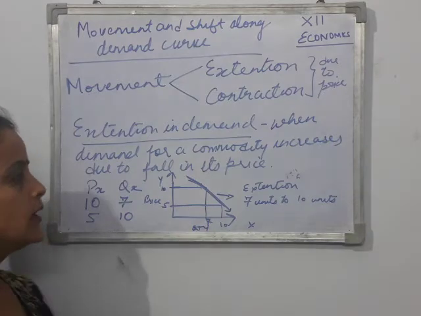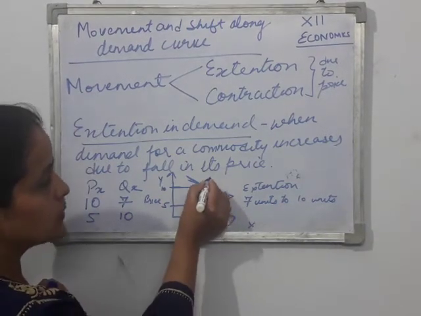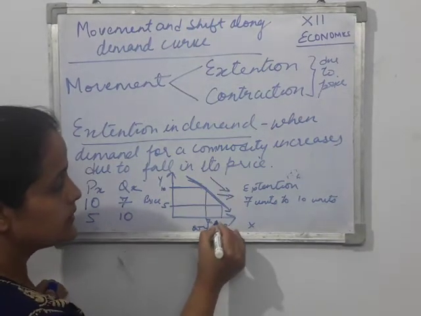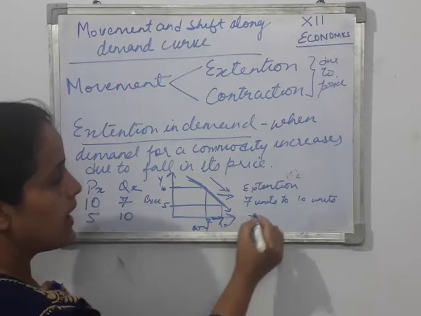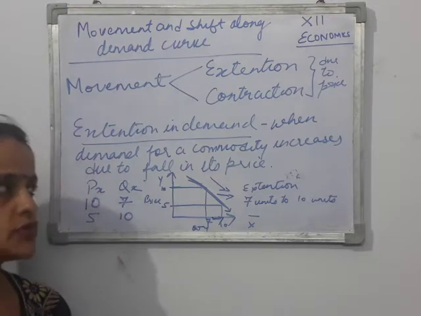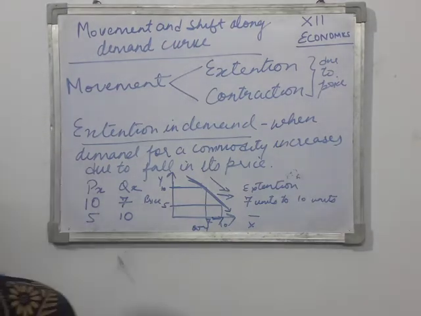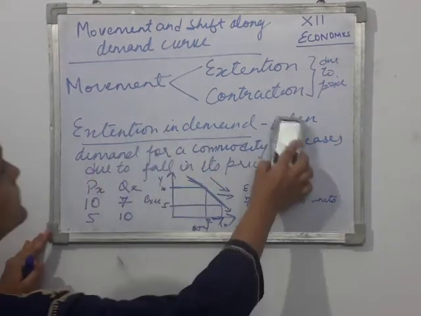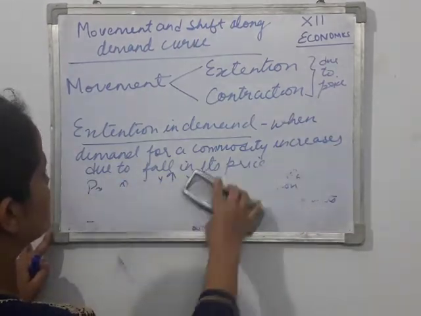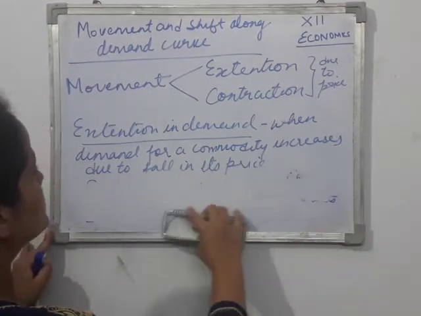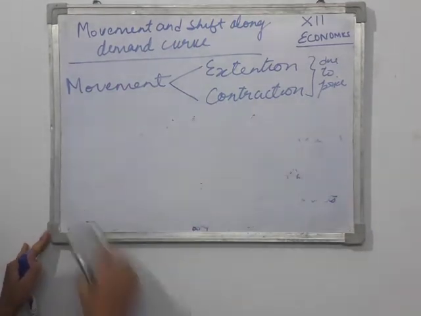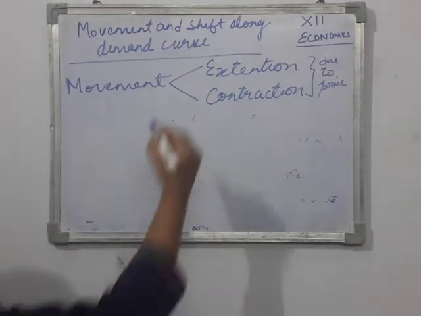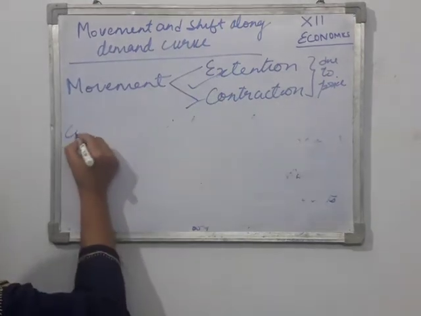So you are going to put an arrow also because your demand is increasing in this direction, so 7 to 10. So this is your extension. Same way the opposite of this will be contraction. So this we have done. Now we'll be doing contraction.